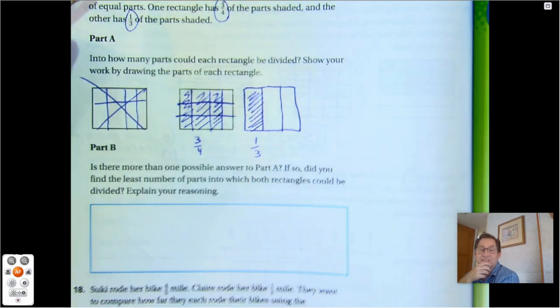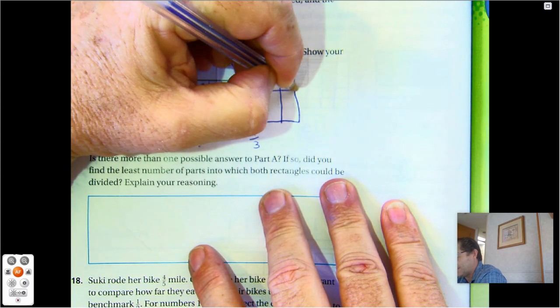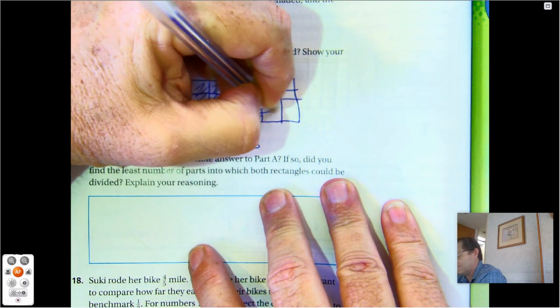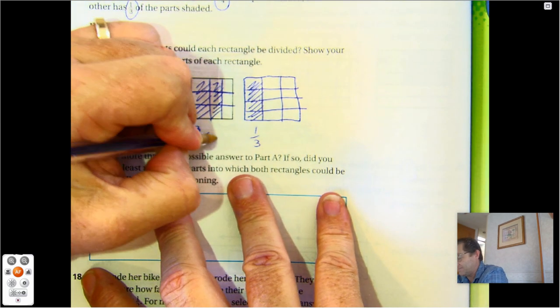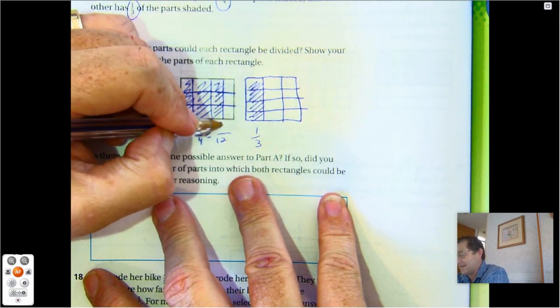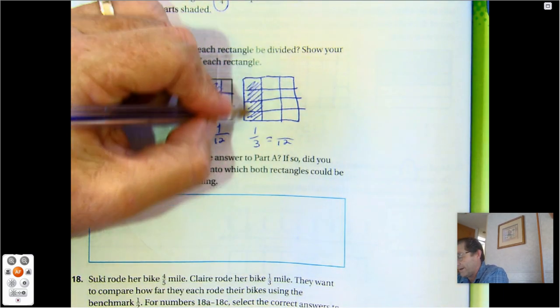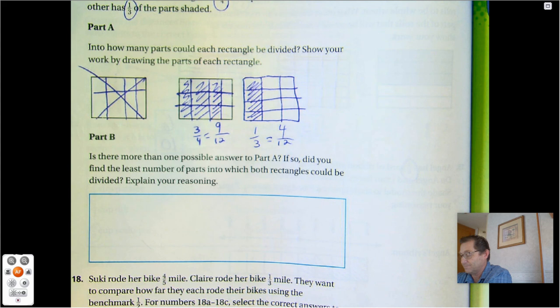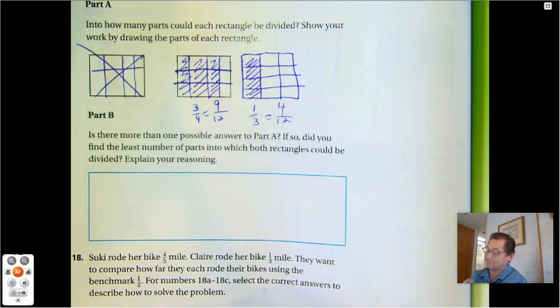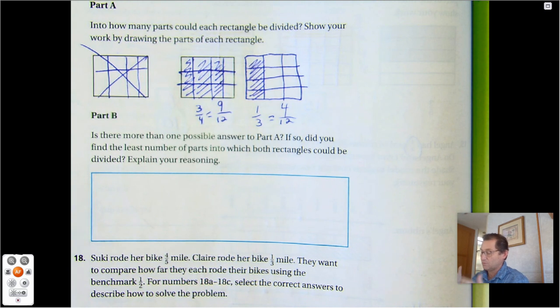And this one, if we broke it into 4 sections, like that. Well, now I'd have 3, 6, 9 twelfths. And here, 4, 8, 12, we'd have 4 twelfths. Okay. So how many parts could each rectangle be divided into? 12 parts. Is there more than one possible answer to part A?